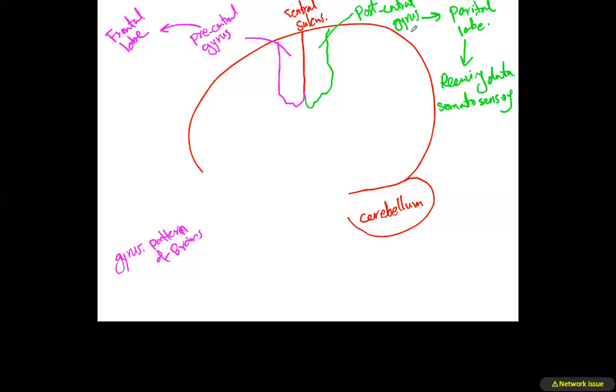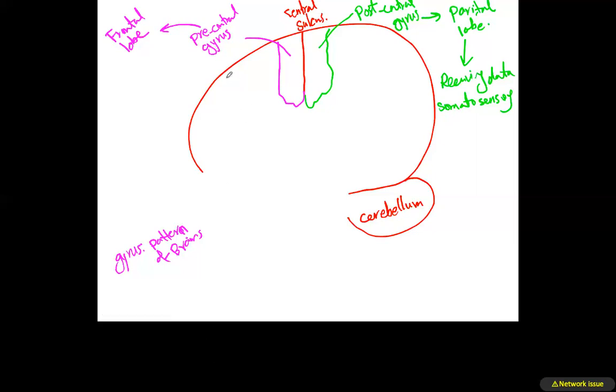But if I simply ask you what lobe receives data for your somatosensory, then your answer would be the parietal lobe. So pay attention to the question. The lobe of the brain associated with somatosensory is the parietal lobe. But the region of the brain that is associated with receiving data for somatosensory would be your postcentral gyrus.